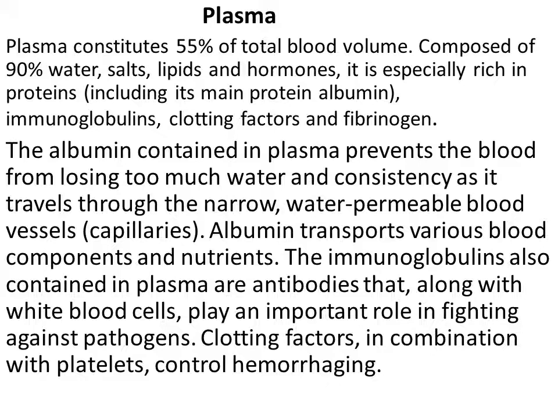So albumin maintains the consistency of the blood, prevents the loss of water, and transports the various components and nutrients of the blood. Immunoglobulins are antibodies that protect our body from various diseases, and there are clotting factors and fibrinogen also present.